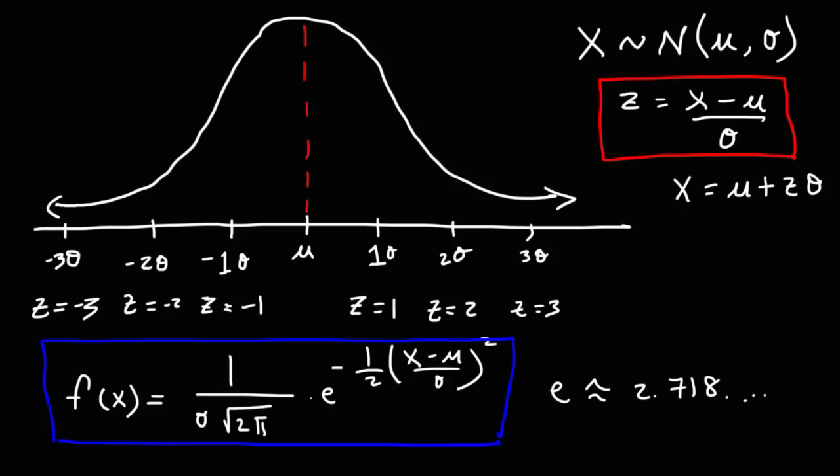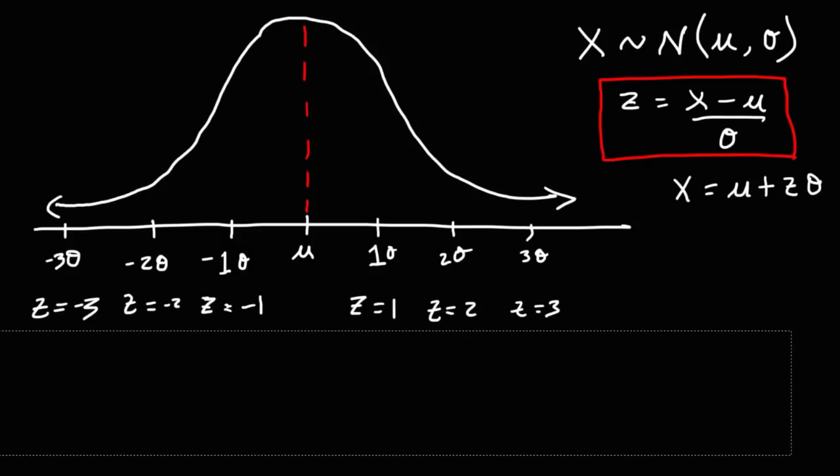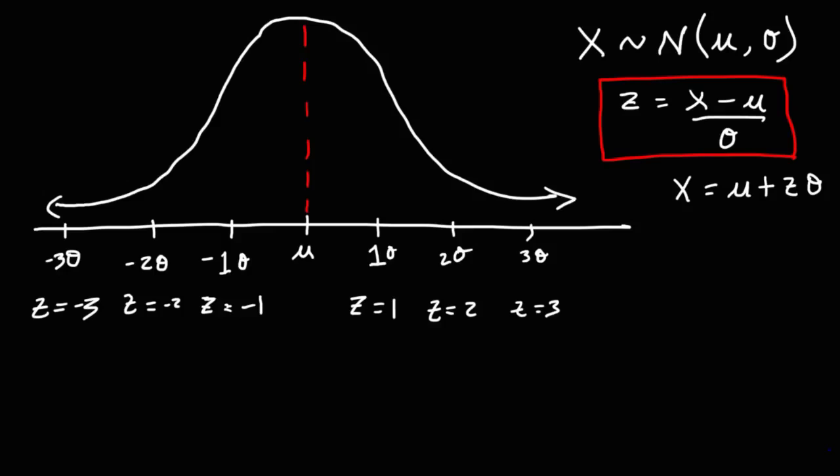I've actually did that in another video on YouTube. You could find it. It was probably posted about a year ago or something, if you want to know how to use calculus to get the answer. But for this particular video, we're not going to go into that much detail. But just in case you see a question on a test, at least you know that this formula corresponds to the normal distribution.